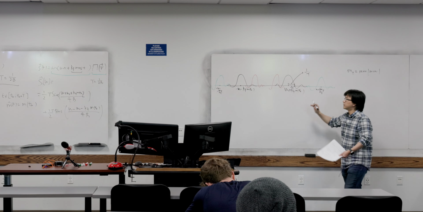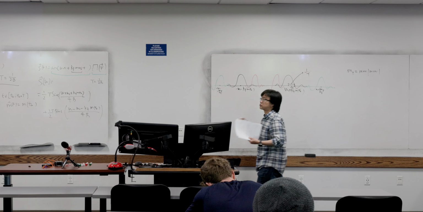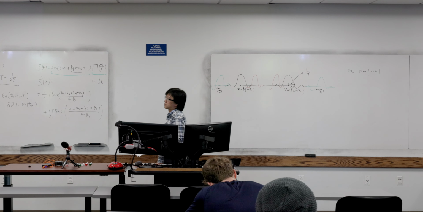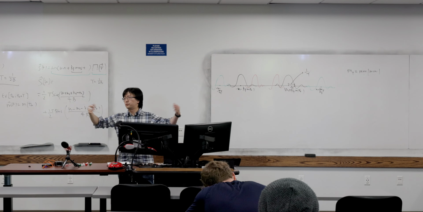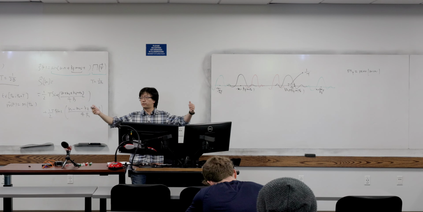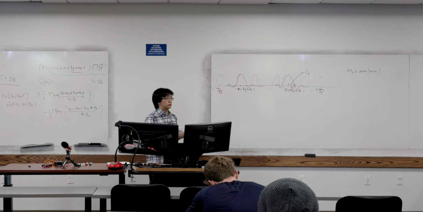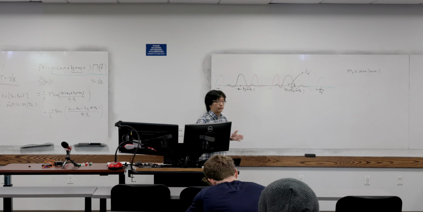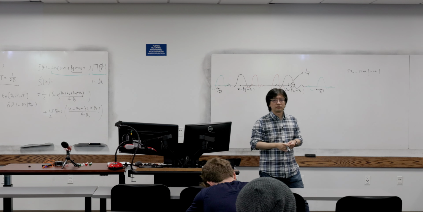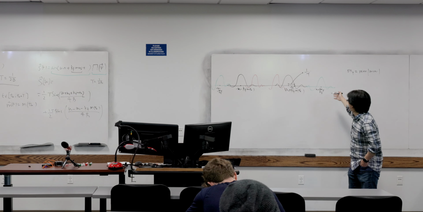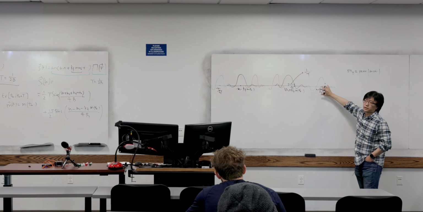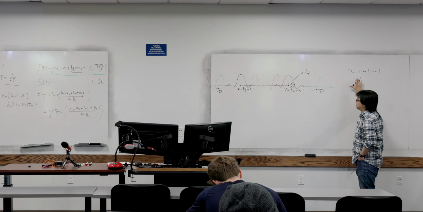Given this, what would be a good way to define the bandwidth of the signal? Because the signal will continue forever. It's a sinc function, and sinc will continue forever. But what is the meaningful bandwidth that we're going to define? This is the highest frequency shift already, and there will be nothing of the sinc beyond this point.